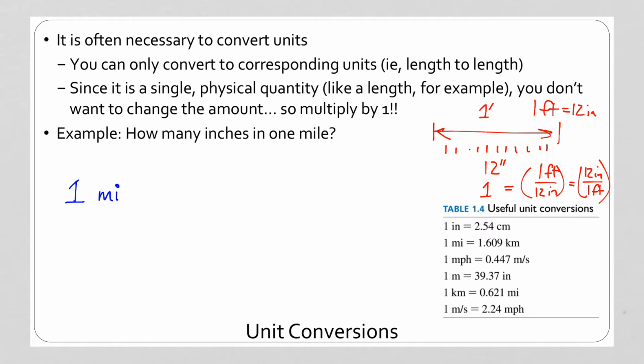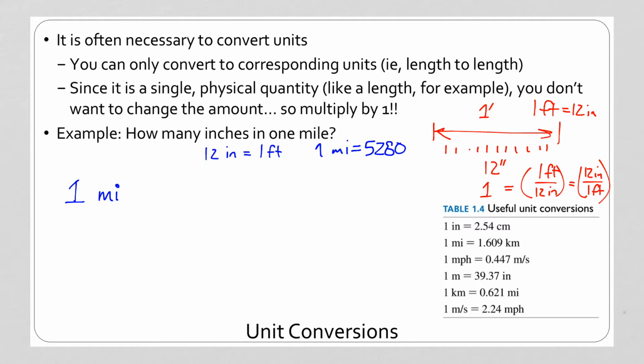Now, I don't know how many inches there are in a mile. I know how many inches there are in a foot. I know that 1 mile is 5,280 feet. So what you can see here is that I can't go from miles to inches, but I can go from miles to feet, and then I can go from feet to inches.